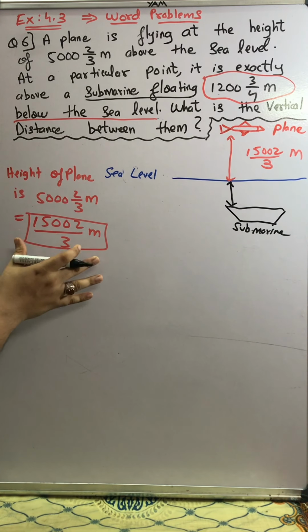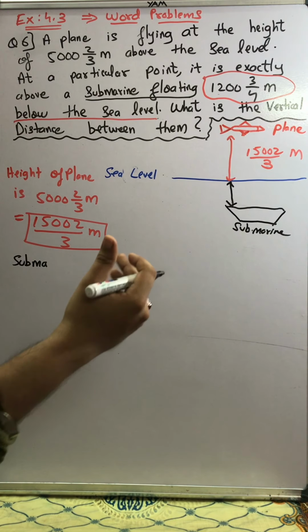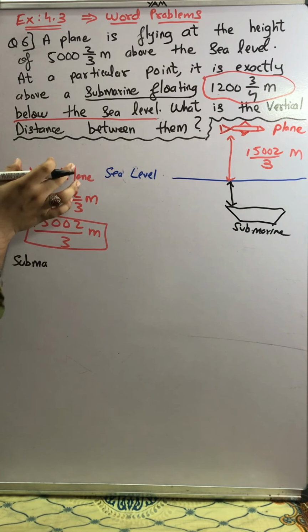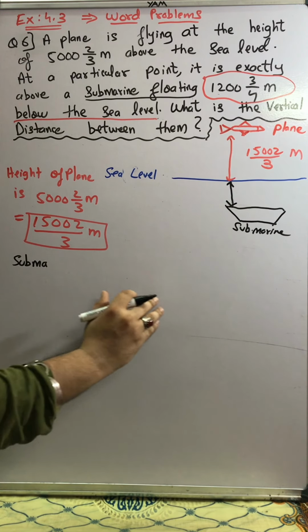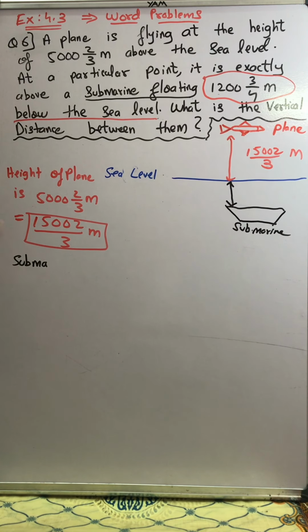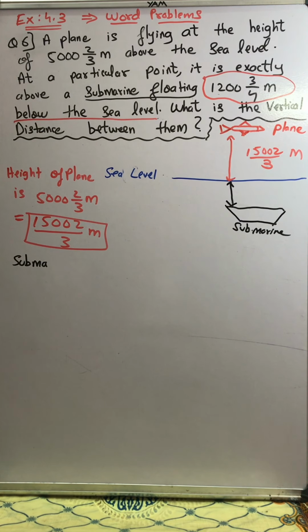See, whatever I am writing here, I don't have place. That's the reason I am writing here. How you all will do? You will draw the diagram, then leaving a line, you will write this height of the plane. You will not go horizontally; leave a line and then write this about submarine. I don't have place, that's why I'm doing something on the right, something on the left. You should never go horizontally, you should go vertically, one below another, leaving lines, and presentation matters.